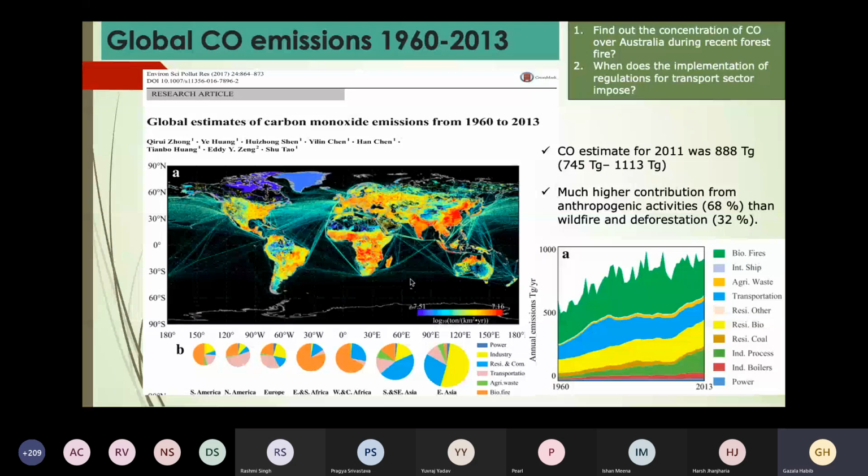What is the reason for the steady emission from probably 1980 to 2007 or 2008? What do you think? What would be the reason? Can anybody say?